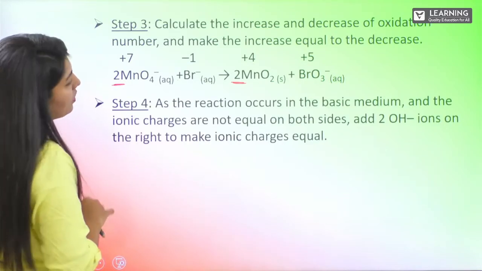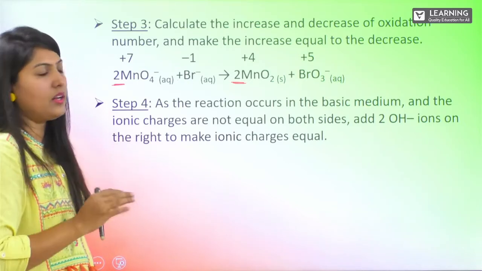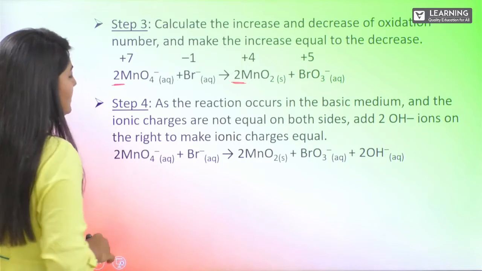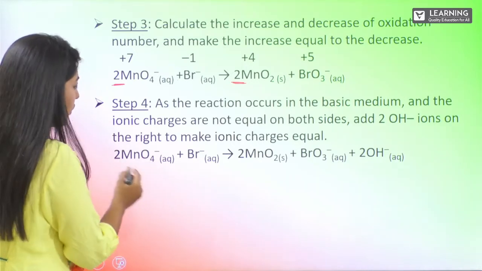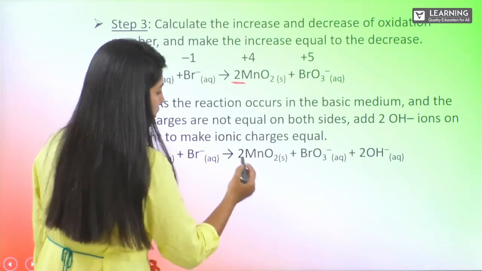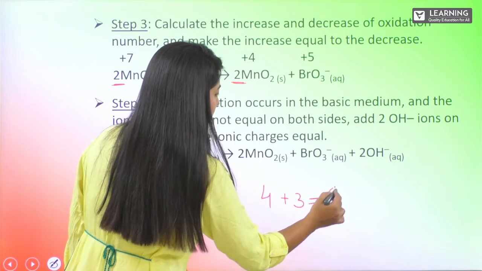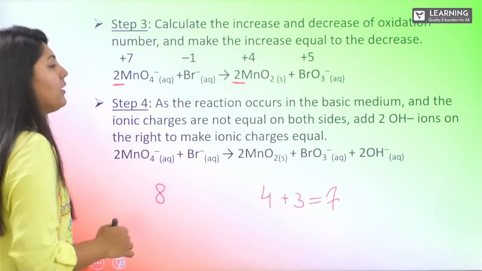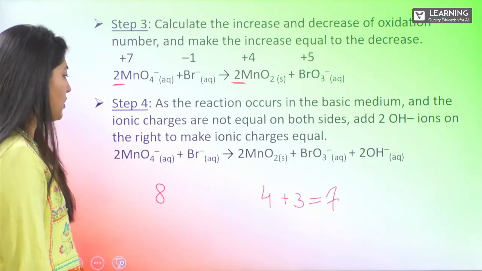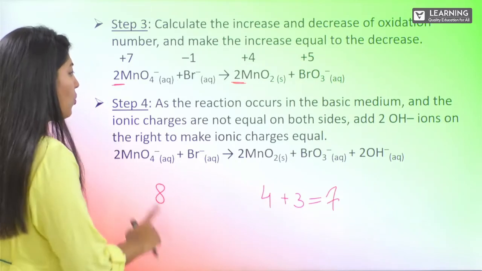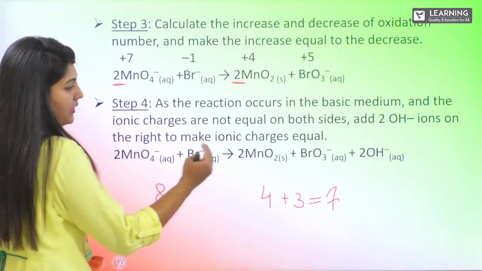Then we need to add OH minus ion or H plus ion, depending on whether it is a basic or acidic medium. So since it is in basic medium, we need to add OH minus ion. For that, 4 2s are 8 oxygen atoms on one side; on the other, 2 2s are 4 plus 3, that is 7. Right? 7 oxygen atoms. Here we have how many? 8 oxygen atoms. So what we need to do? One water molecule we need to add on the side where it is less.